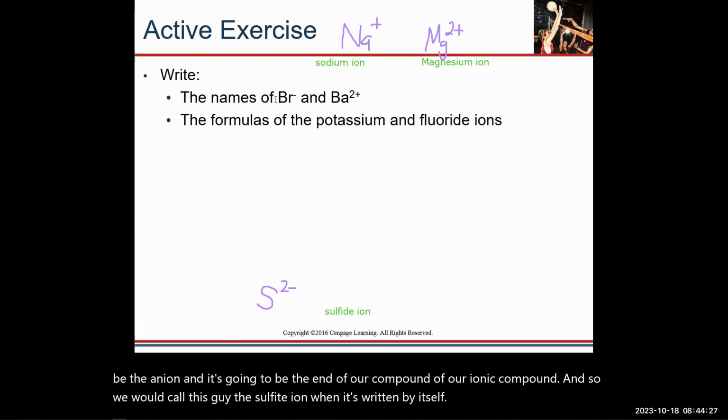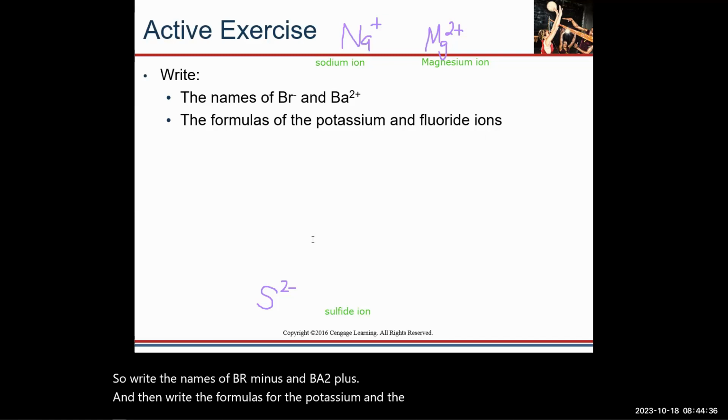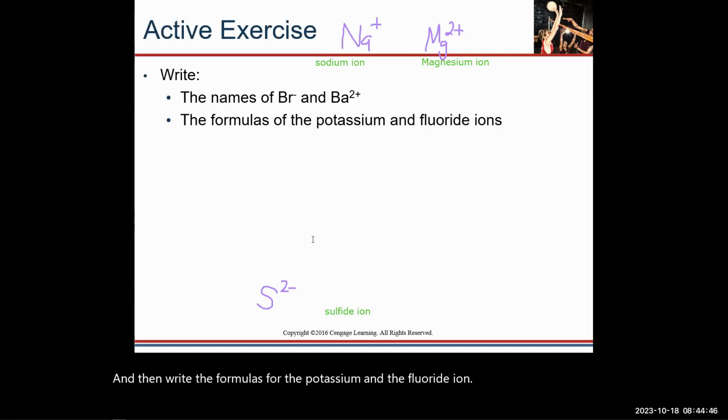Okay, so write the names of Br minus and Ba2 plus. And then write the formulas for the potassium and the fluoride ion. Do you have any volunteers?